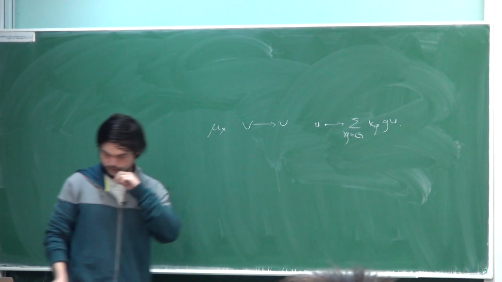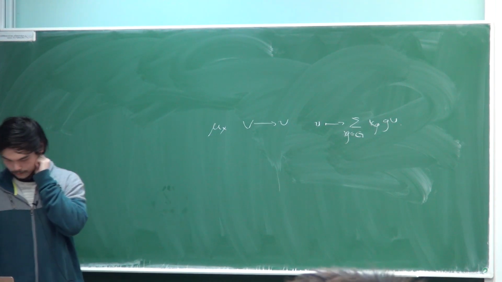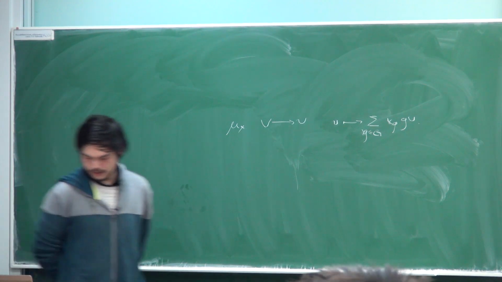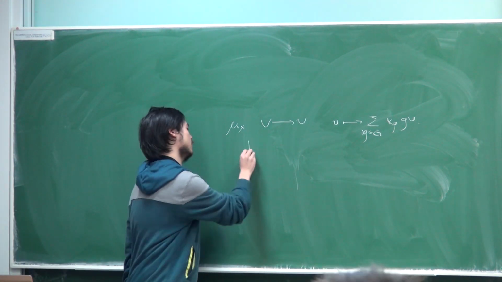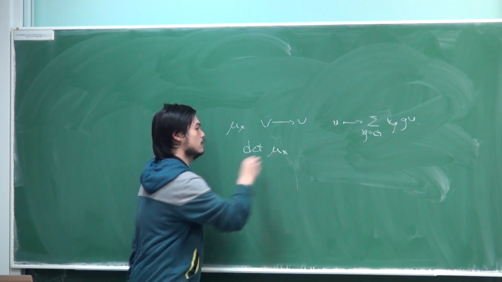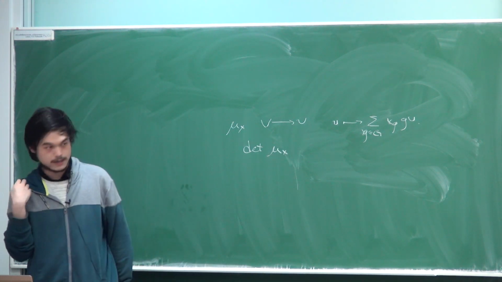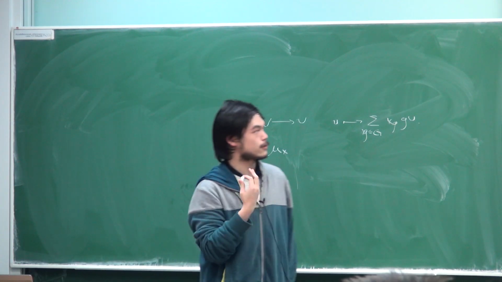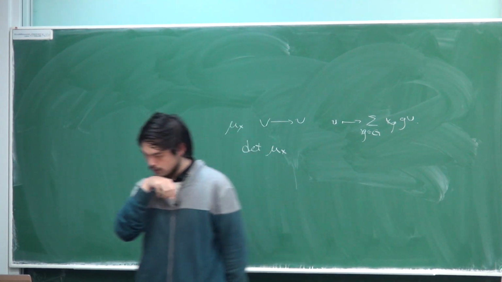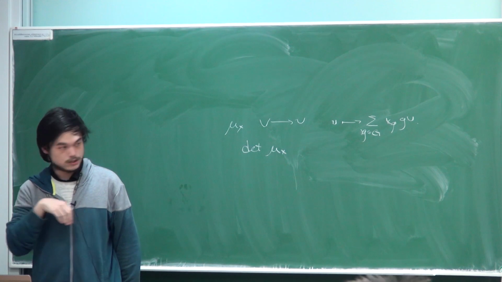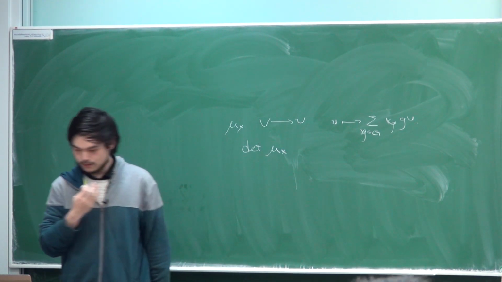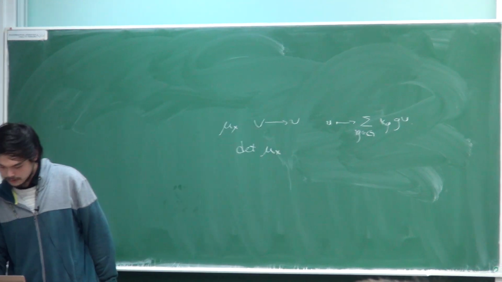This action is a linear transform, so we can define its determinant. The determinant of mu x is a polynomial in the x_g, and this polynomial we call the norm of this representation. And if V here is kG itself, it is just the regular representation. This is called the group determinant.